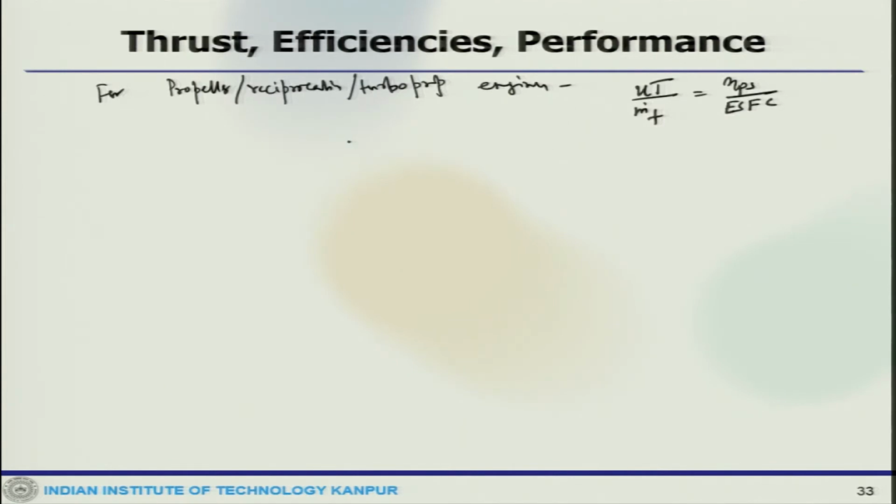So, this will give us the range as eta PR by g, 1 by ESFC, L by D, ln m1 by m2.